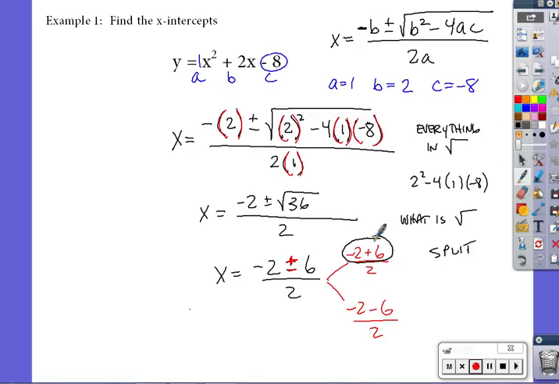Next, I only want to do the top. If you type all this in your calculator once, you're probably going to get the wrong answer because you're not going to use parentheses appropriately. So take it a step at a time. Negative 2 plus 6 is 4, divided by 2 is 2. There's one answer. Negative 2 minus 6 is negative 8, divided by 2 is negative 4. There's your second answer.